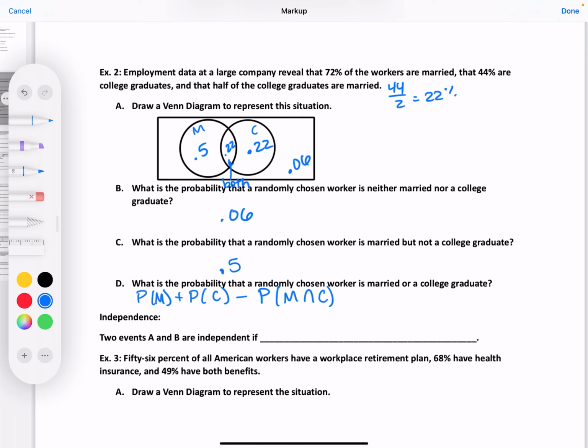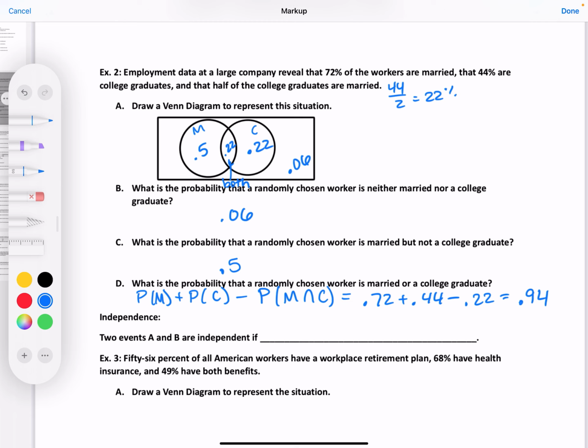If you did that, you're using the original numbers you were given. So 0.72 plus 0.44 minus 0.22, which would give you the 0.94. Or you could have just added up the numbers in the diagram and get it as well. But I just was going to show it using the formula. So if you didn't have the diagram, that's how you would find it.